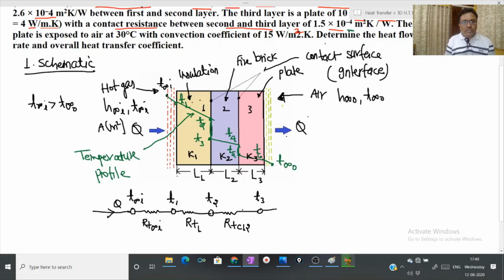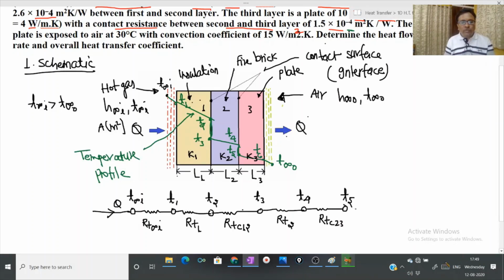The fourth thermal resistance will be offered by fire brick material between temperatures T3 and T4, and let's say it is represented by RT2. The fifth thermal resistance will be offered by interface 2-3 between temperature drop T4 and T5, and it is represented by RTC 2-3.